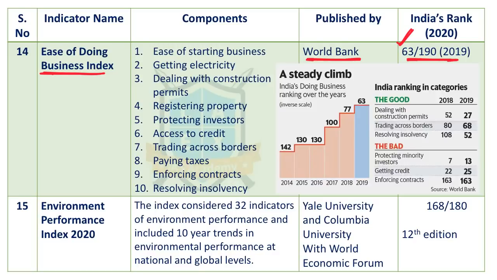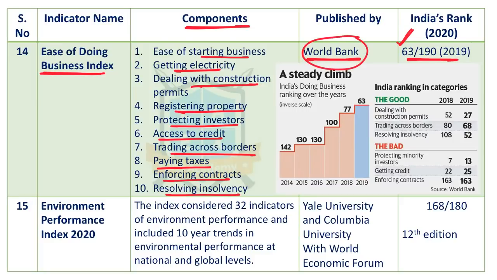World Bank considers 10 components to measure the Ease of Doing Business Index. Ease of starting business, ease of getting electricity, dealing with construction permits, registering property, protecting investors, access to credit, trading across borders, paying taxes, enforcing contracts, and resolving insolvency.